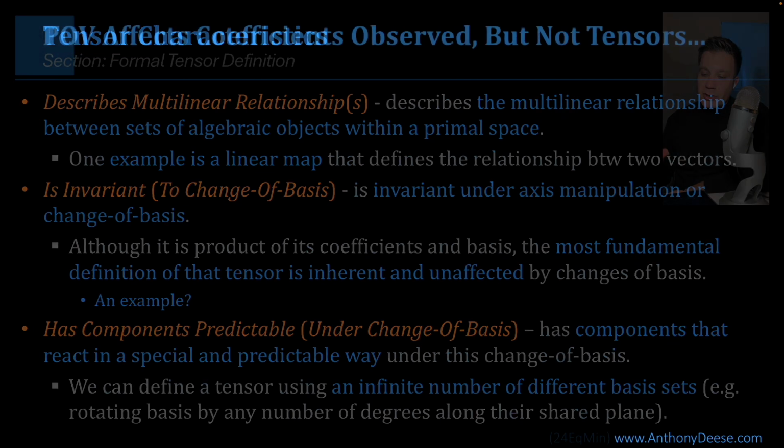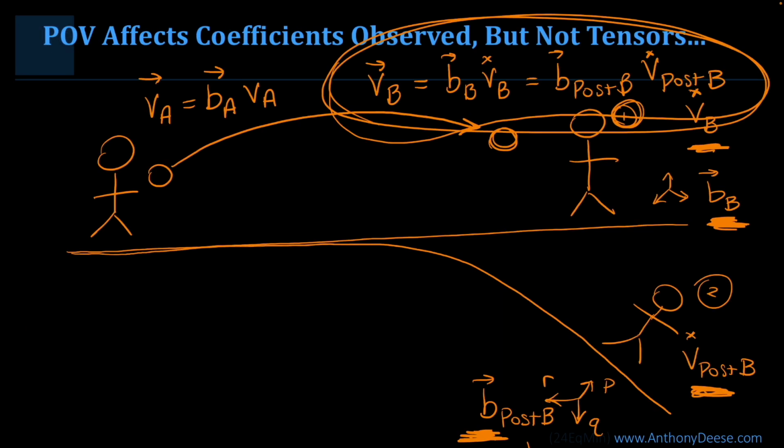So I think this picture right here does a very good job of, although it's not necessarily aesthetically pleasing, explaining why the tensor value is fundamental and inherent, whereas the individual components, okay, the basis as well as the coefficient or the coordinate arrays, are not.